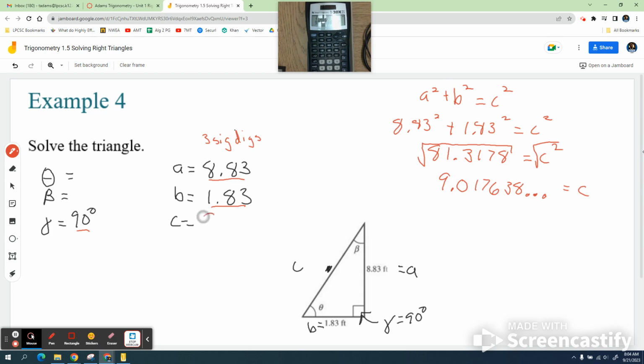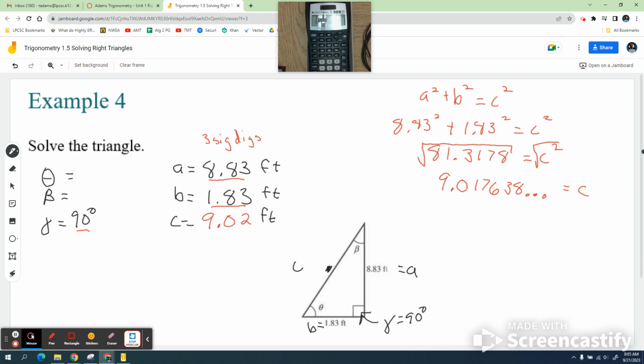So this would actually become 9.02 feet. I should probably mention all of these are going to have the unit of feet. And that seems reasonable, right? The hypotenuse is always going to be the longest side on the triangle. It is the longest among the 3.